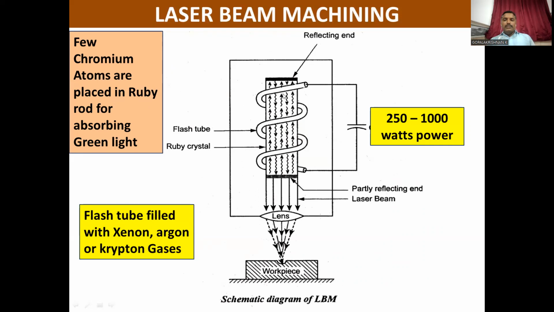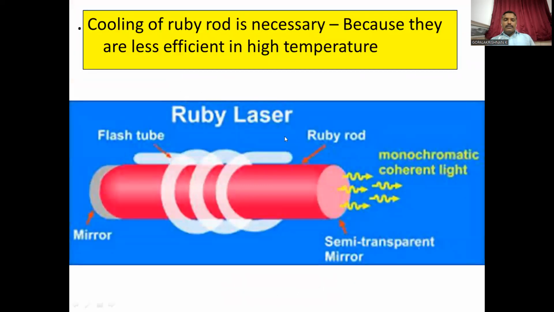Here we use 250 to 1000 watts of power. The flash tube is filled with xenon, argon, or krypton gases. The workpiece is arranged below the laser beam. Cooling of the ruby rod is necessary because it is less efficient at high temperature. This is the ruby laser. Monochromatic coherent light is emitted from these ruby lasers.